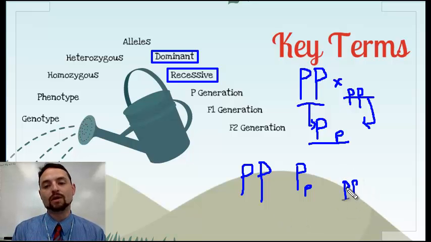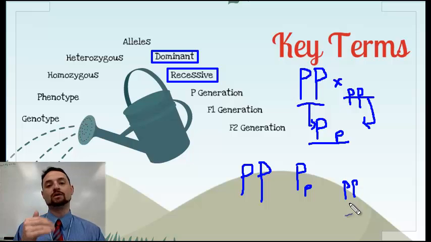The little p, little p over here are going to be white. And so we say, according to this, yes, you will get white showing back up. And I'll show you exactly how those results come a little bit later. So this was his F2 generation. In the F2 generation, we end up with more purple than white, but white does reappear. And it supports that dominant and recessive thought.